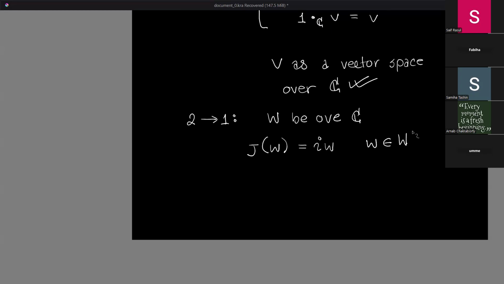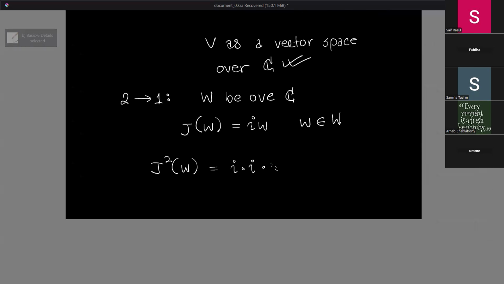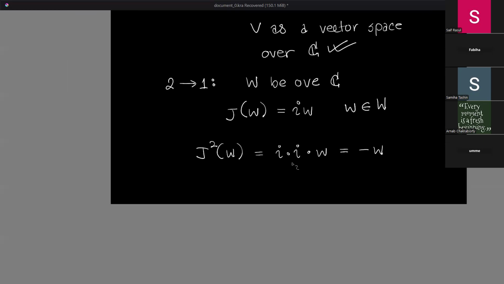And so we can verify that J squared of W is equal to i times iW, which is indeed minus W. And J is linear, you can check that too.